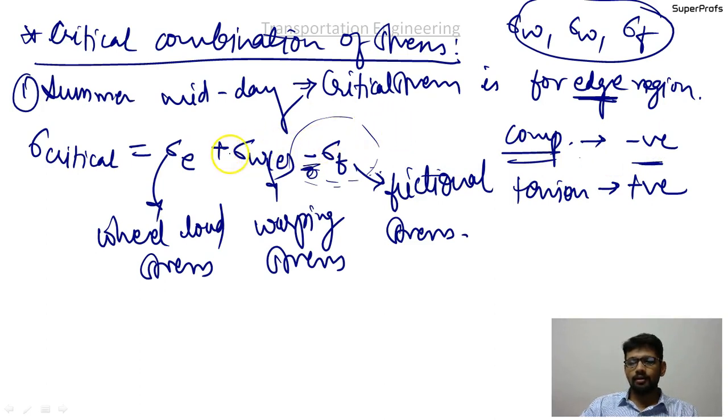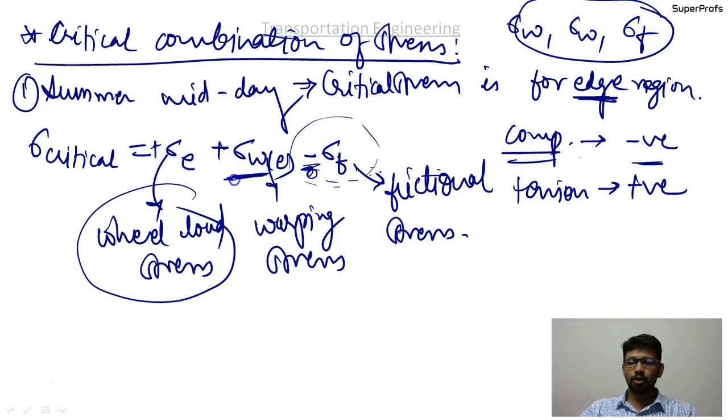Similarly, you can apply the same logic at the edges. The wheel load stress at the bottom portion is going to be tensile, that is why it is positive, and as we have already defined, at the edge the warping stress will be positive. So that was case 1.